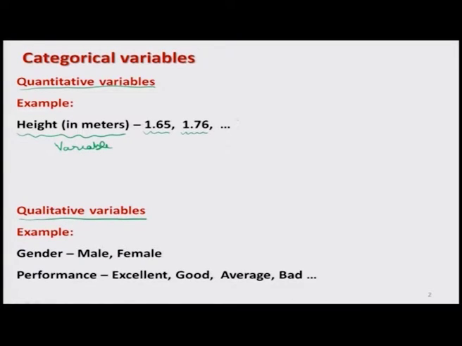In this case, you can see that all the observations which are coming out for this variable are quantitative. Means I can express them in some form of numerical values, and those numerical values have interpretation.